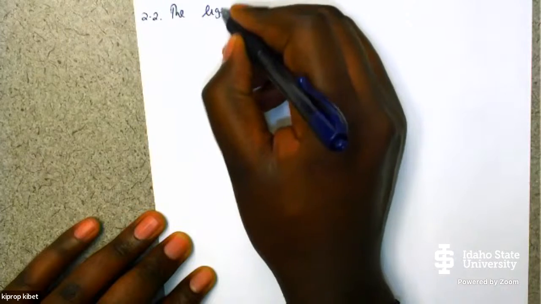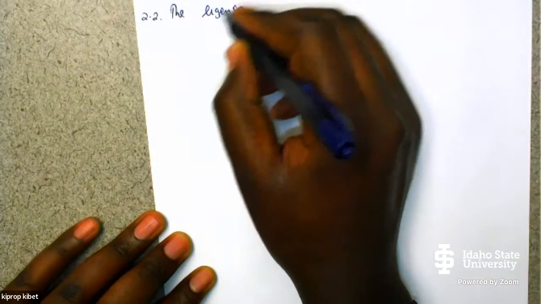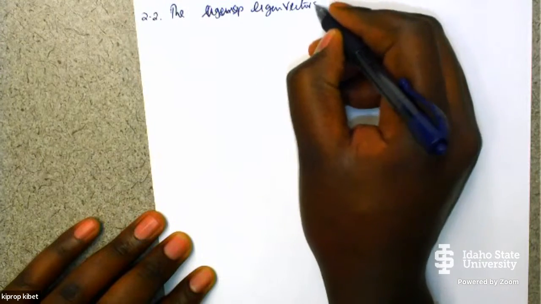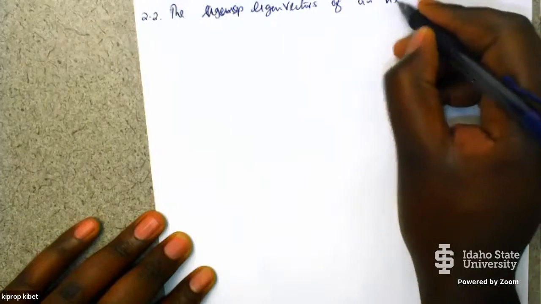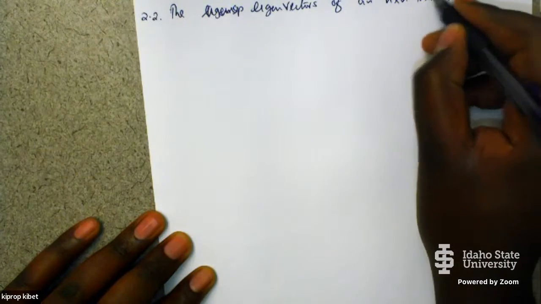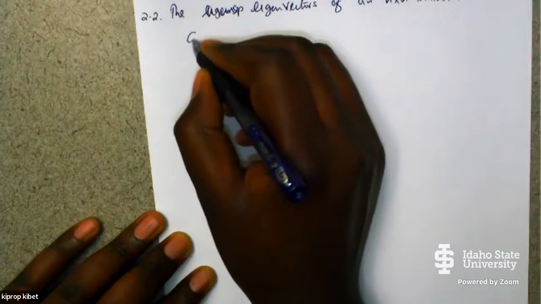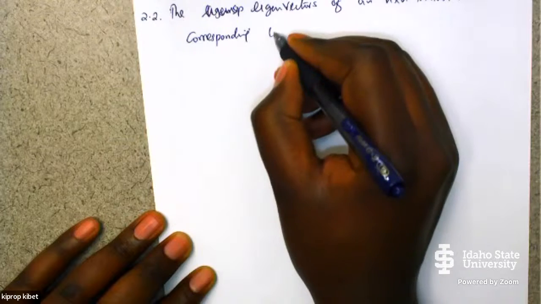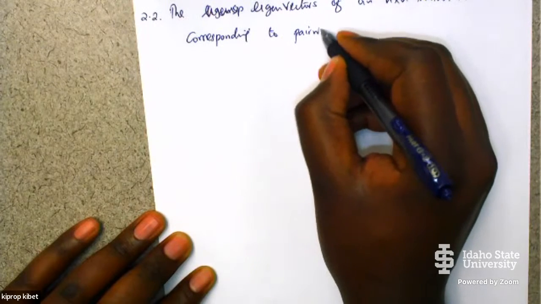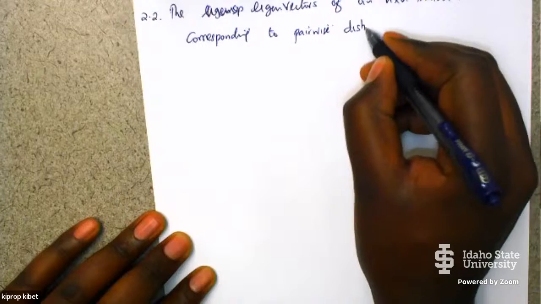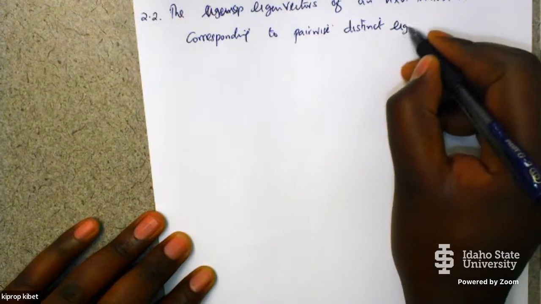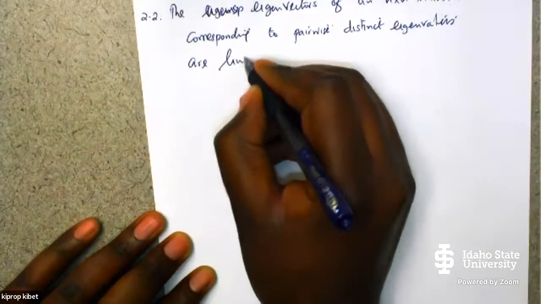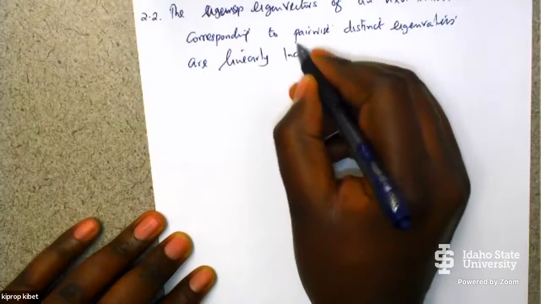The eigenvectors of an n by n matrix A corresponding to pairwise distinct eigenvalues are linearly independent.